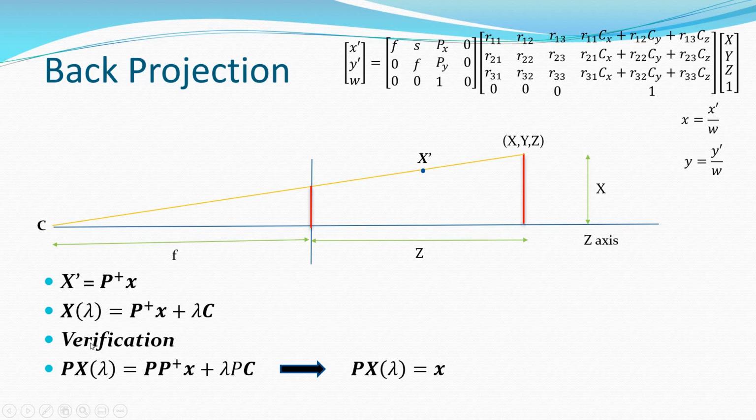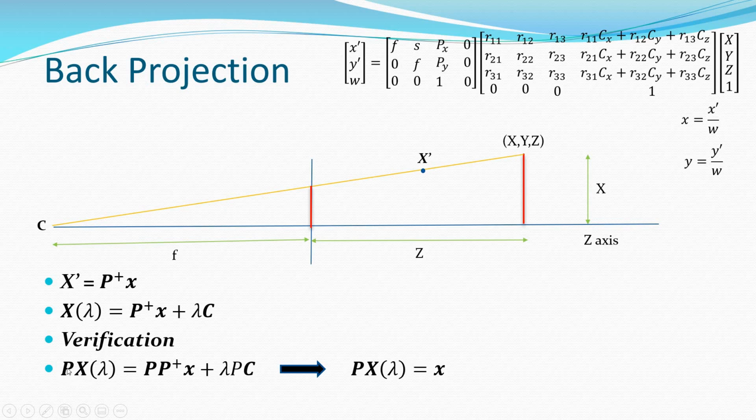Let us verify that the different points x of lambda that you get by changing lambda are actually on this line. If I multiply the projective matrix on both sides, the projective matrix being the matrix that transforms 3D coordinates to a 2D image, I am taking a projective transform of all the 3D points.